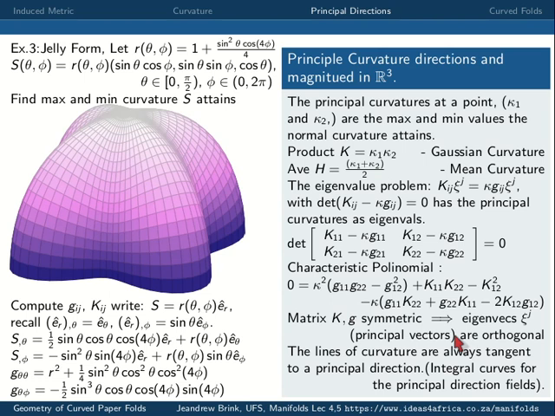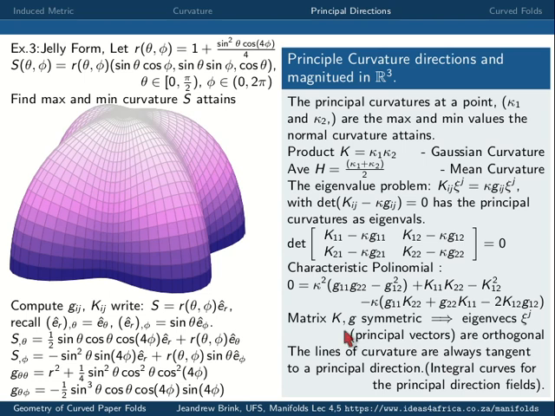So it gives you a whole field of vectors that are at 90 degrees to each other. It's a new way of putting vectors onto the surface, with the added benefit that if you go along that vector, you are propagating along the direction of maximum curvature or the direction of minimum curvature. So if you're on a mountain, or if you're an ant and you don't like mountain climbing, you want the minimum curvature direction to get somewhere. Okay.